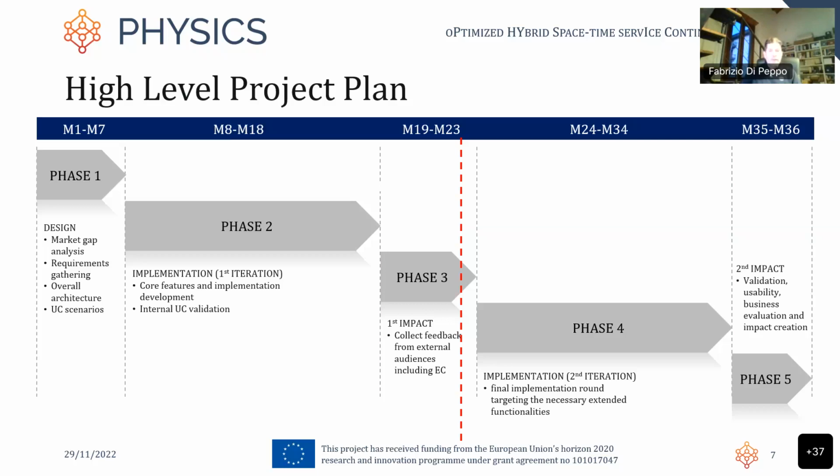The phase currently running, phase 3, is almost completed as well: impact analysis, where external stakeholders have been involved. The project will end with phase 4, implementation of the second wave, which will take into consideration the internal and external evaluation of the first wave. Then phase 5, the final impact analysis.